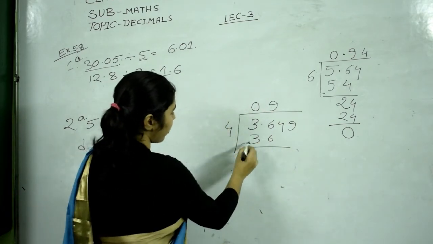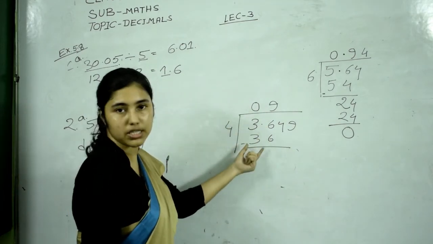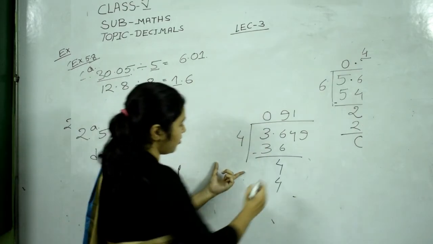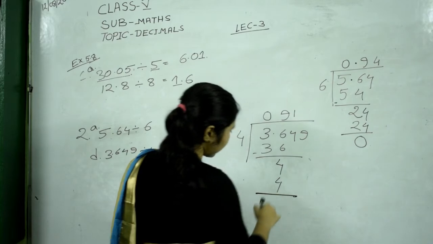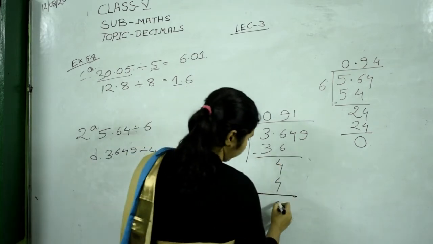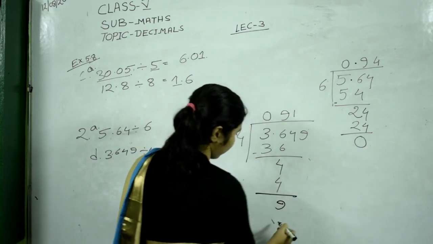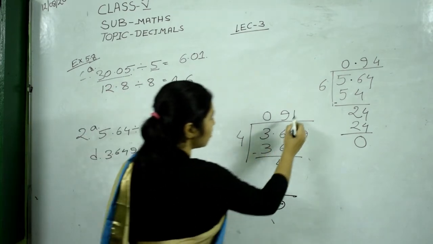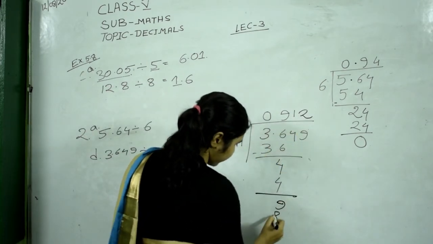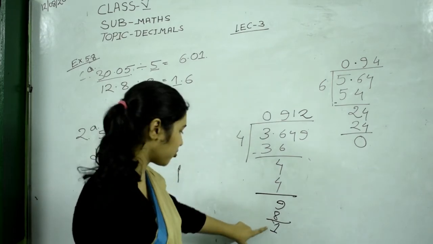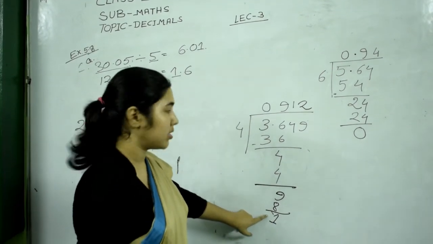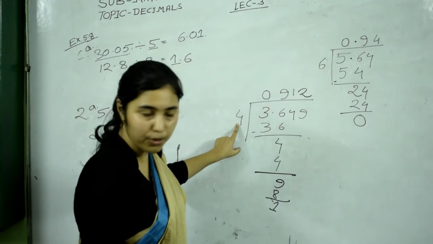So if we subtract 36 from 36, we will get 0. Now subtract 4 from 4, we will again get 0. Now take this 9. Now 4 2s are 8, right? Subtract 8 from 9, we will get 1. But 1 is not divisible by 4.